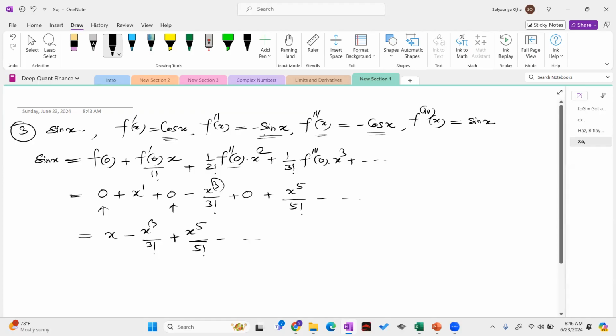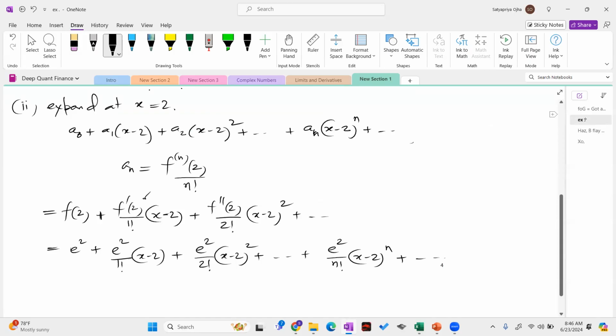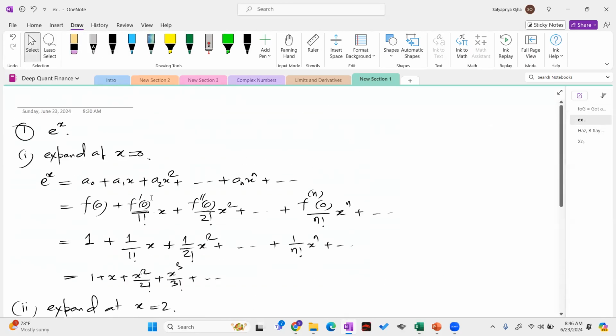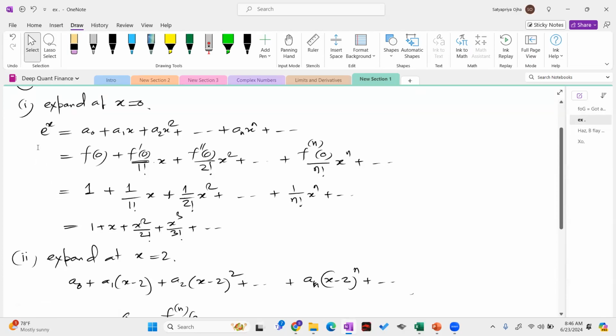This expansion is also useful for stating that limit x tends to 0, sin x by x is also 1, because higher terms will vanish. It will approximate x. E to the power x also that we did. When x tends to 0, if x is close to 0, e to the power x will become 1.